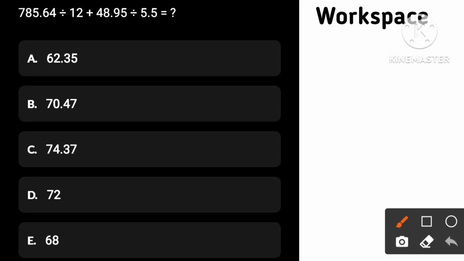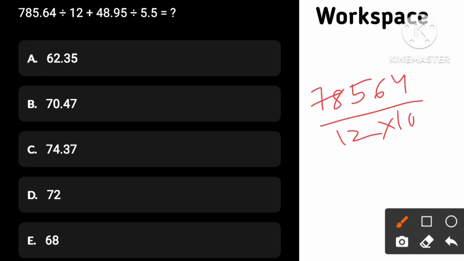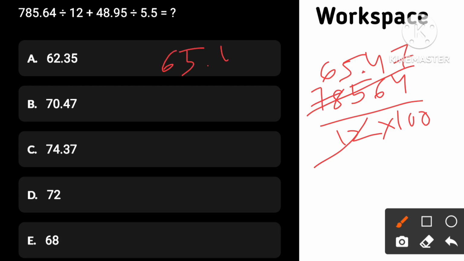Question number 4. 78564 divided by 12 into 100. So 12 6 times will be 72 and 65 5 times will be 60, 56, 4 times 48, 84 7 times and 00 means 65.47. So 65.47 we have this part.